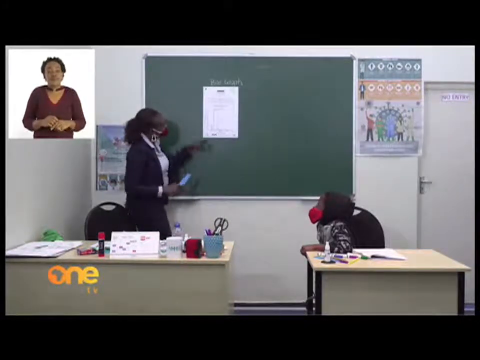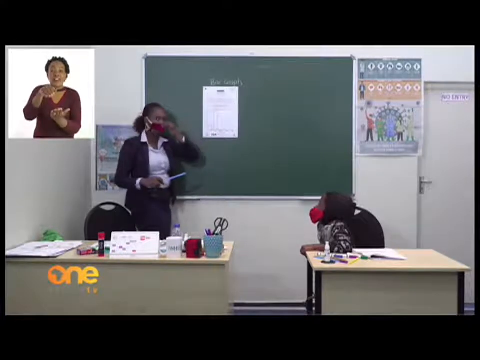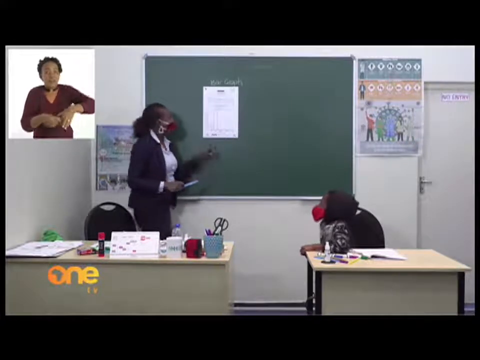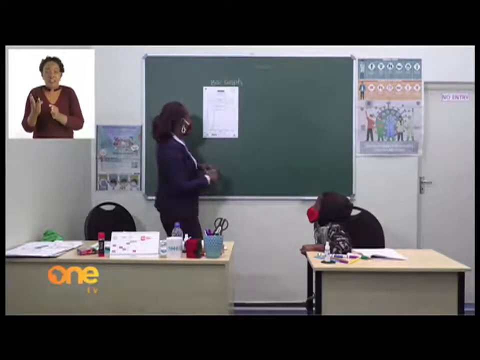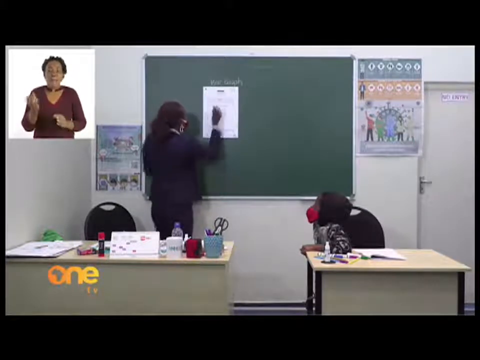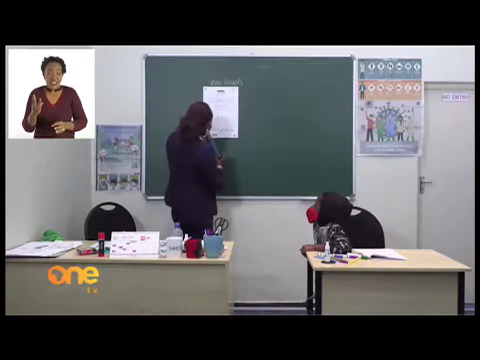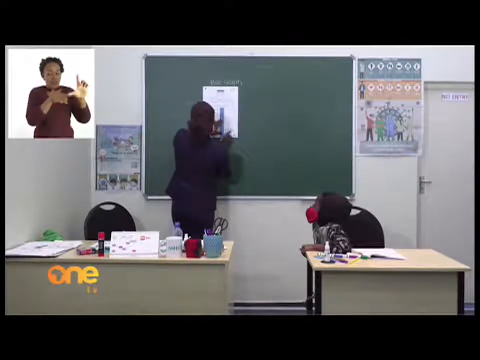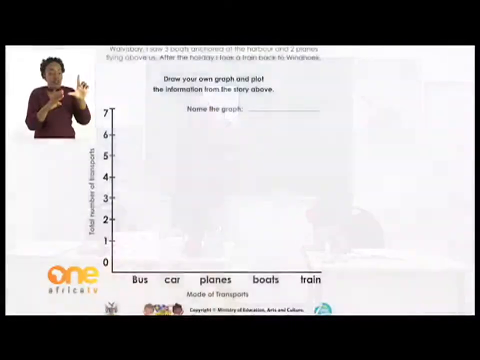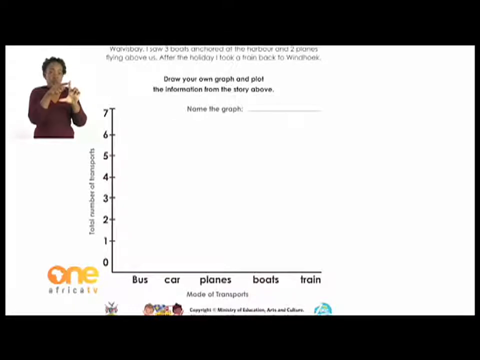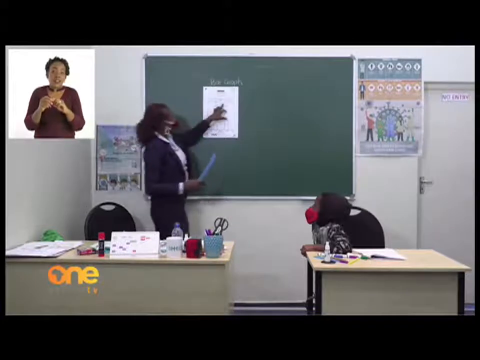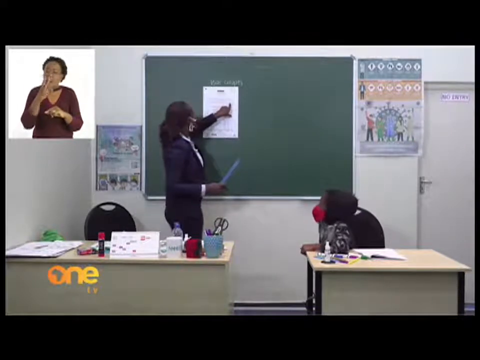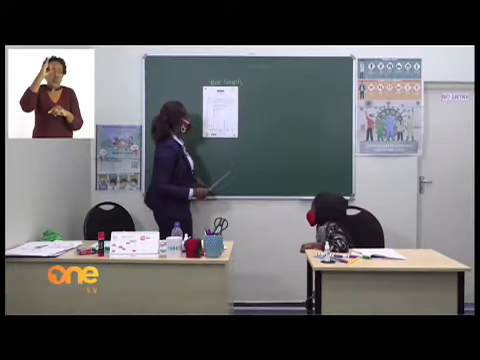Okay. When we reach the coastal town at Walvis Bay, I saw 3 boats anchored at the harbor. How many boats? 3 boats. Okay, we go to boats. We draw the bar. Okay. And I saw also 2 planes flying above.